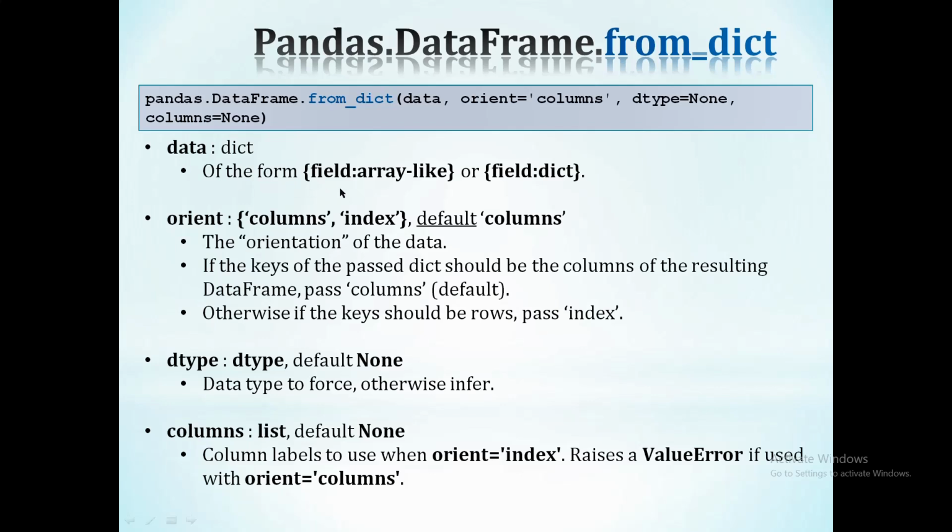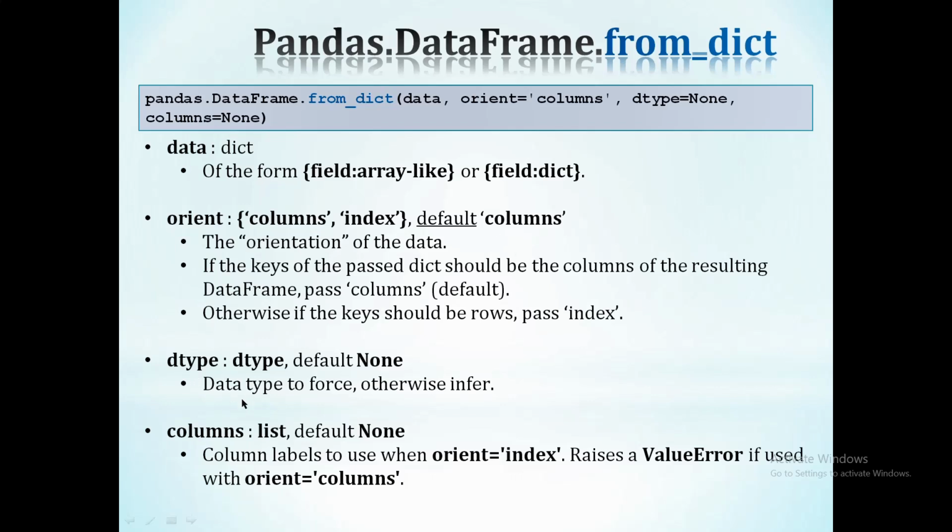Orient refers to the orientation. By default it is columns. If the keys of the passed dictionary should be the columns of the resulting data frame, we pass columns. Otherwise, if the keys will be the rows, you have to pass index. The default value will be columns.